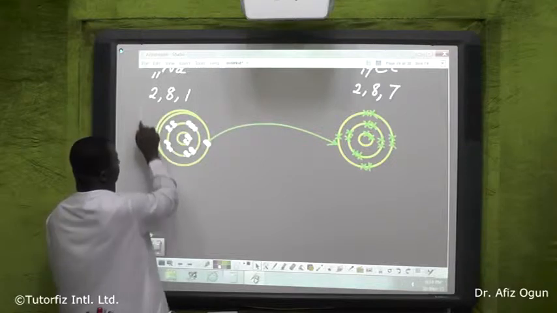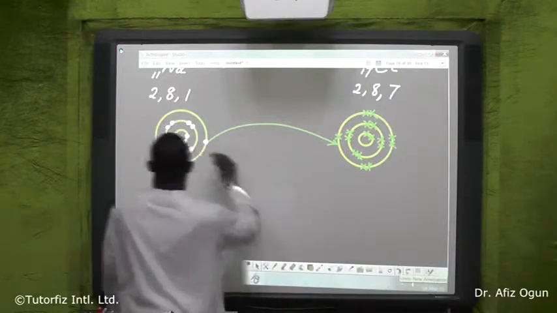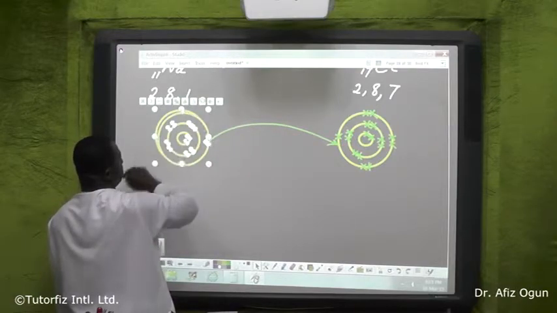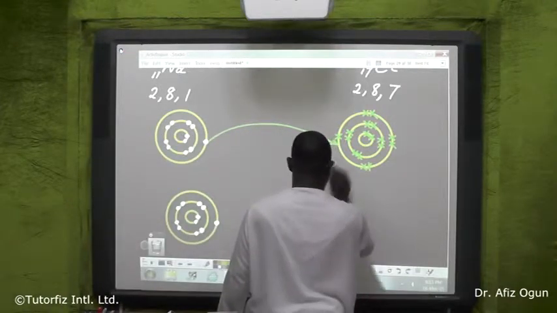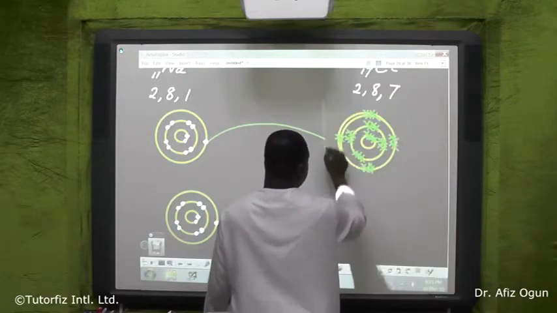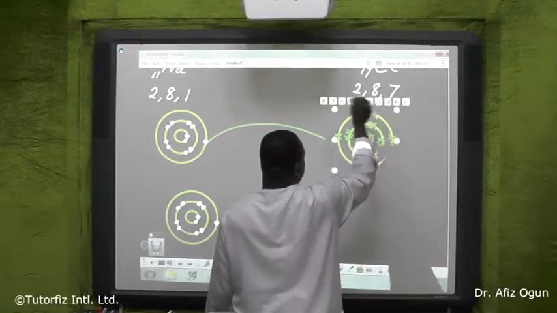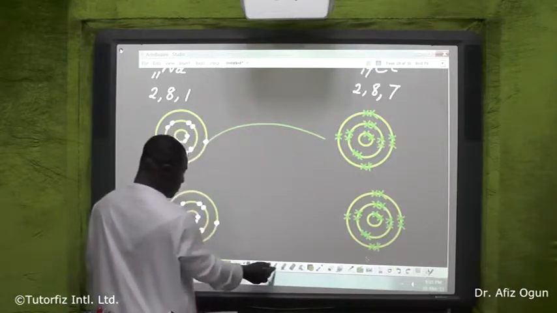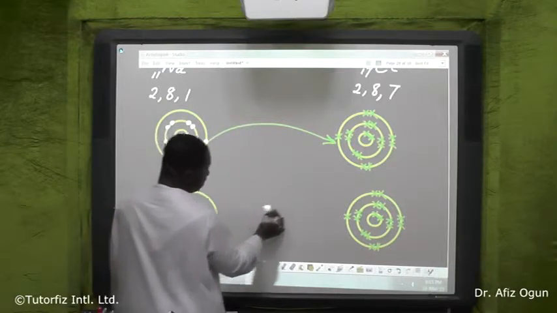After the electron has moved that way, this is what we now see.